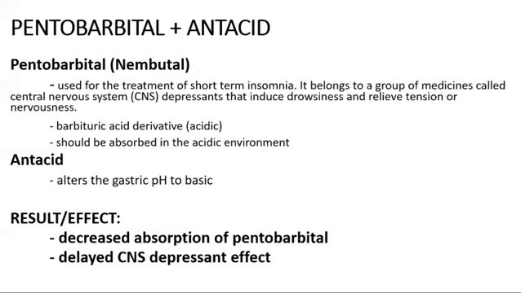Thus, the CNS depressant effect will also be delayed. So again, I would like you to advise your patient to not concomitantly use pentobarbital and antacid and always adjust the dosing regimen of these two medications. So that's the last example for our alteration of gastric pH.